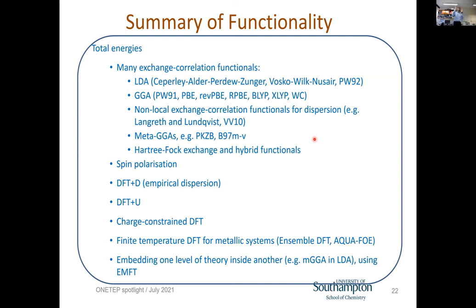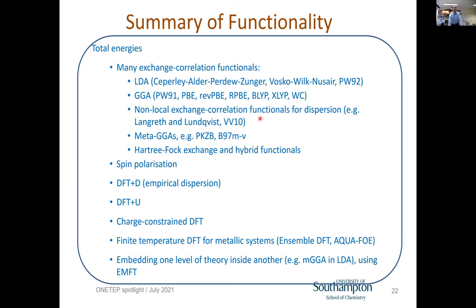functionality of the code. So we have all sorts of exchange correlation functionals, as you can see here. We have LDA, GGA, non-local functionals, meta-GGAs, and also Hartree-Fock calculations and hybrid functionals. And this is a feature which we have recently speeded up by a lot, so we can run calculations with several thousand atoms there.